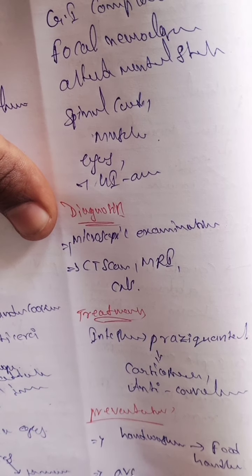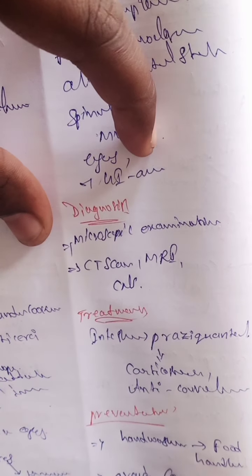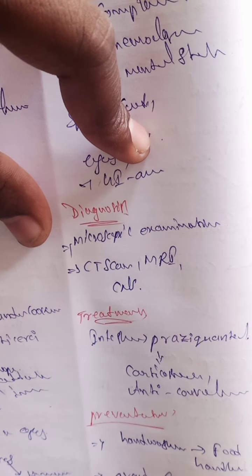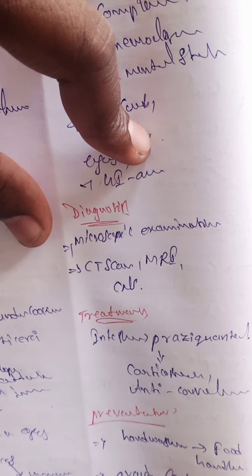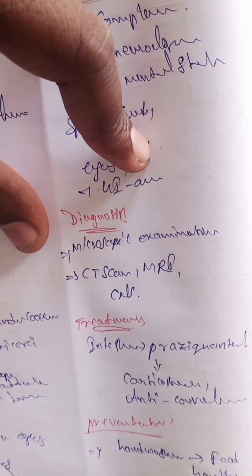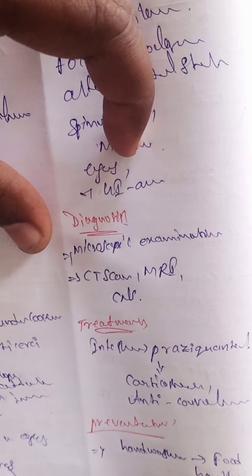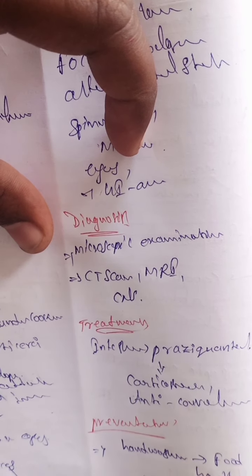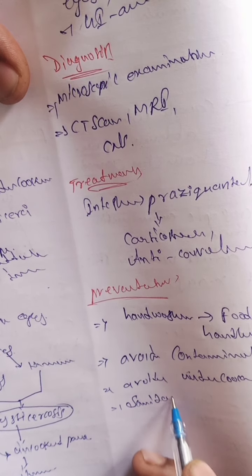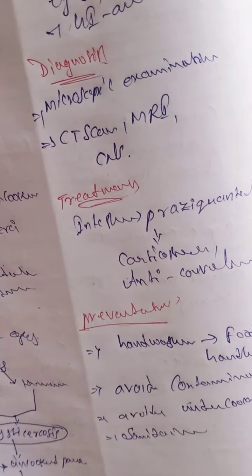Avoid contaminated food, avoid undercooked food, and maintain sanitation. This is the prevention for Taenia solium.